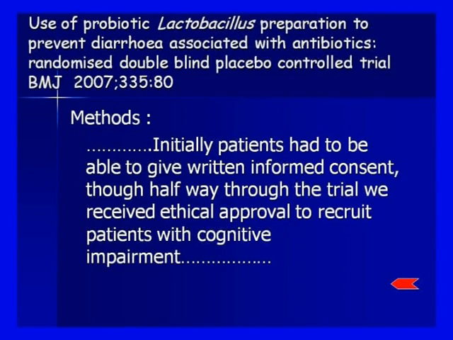So the researchers would have requested the ethics committee, which reconsidered, and halfway through the trial gave them permission to recruit patients with cognitive impairment. That means they have not got written informed consent from the patient. Maybe they would have got consent from the relatives or guardians, but not from the patient.